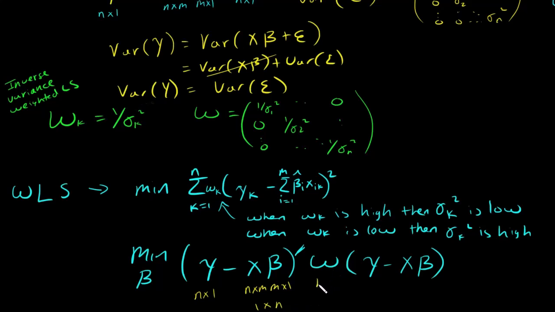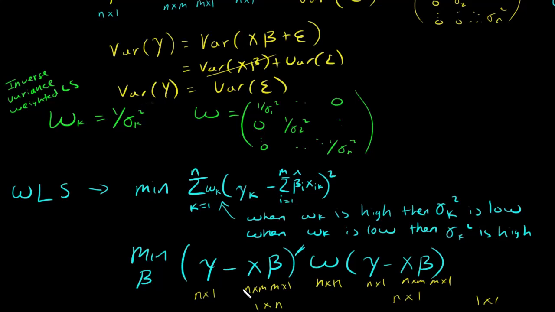And then w is n by n. And then here again, n by 1, n by m, m by 1. So you can check your matrix notation there and see that this is also an n by 1. So your n's cancel and you're left with a 1 by 1, a scalar, which is that sum. Okay, so you can see that these two things are equivalent to each other.